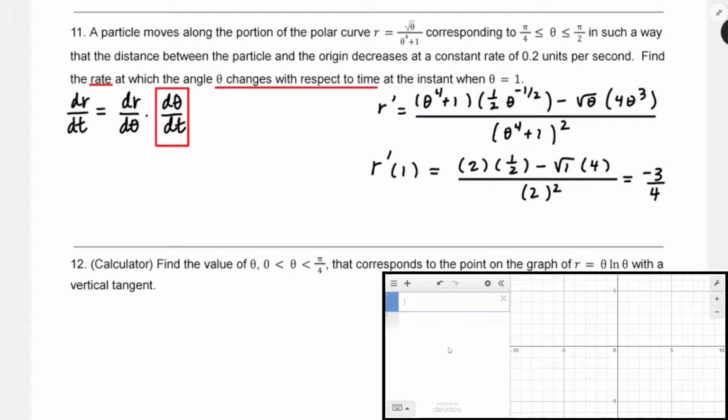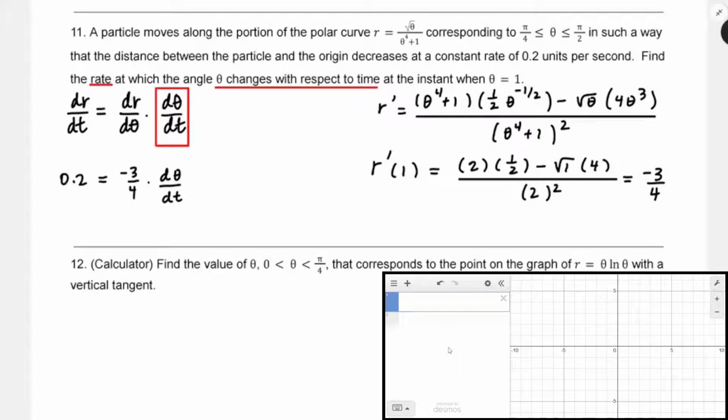Okay, that's not bad. Okay, so dr dt, which we already knew was 0.2, equals dr d theta, which was negative 3/4, times d theta dt.